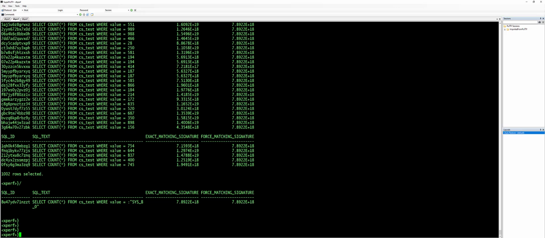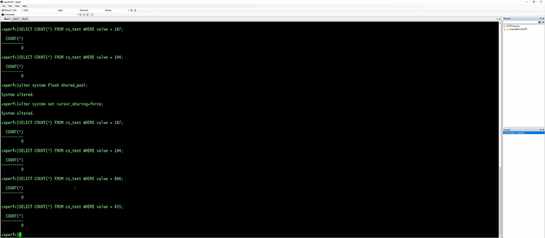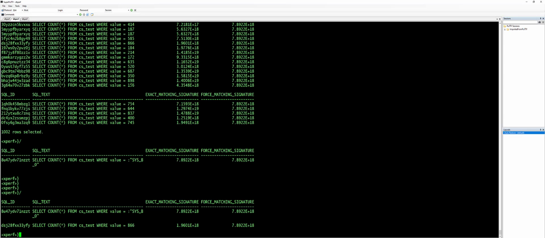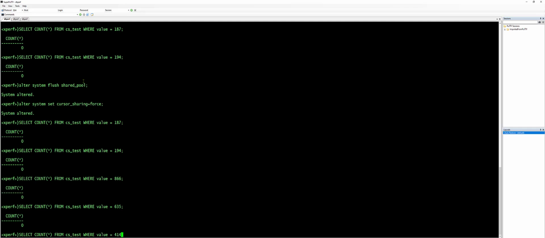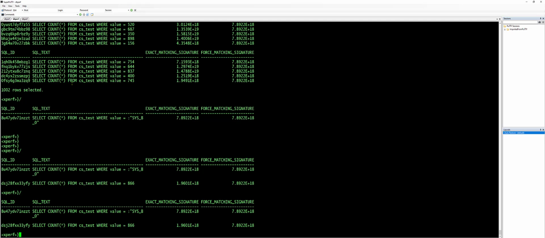So this is how Oracle shares all the SQLs. Whatever value you execute, Oracle will share the SQL. Here the exact matching signature is the same for all the SQLs that we executed.